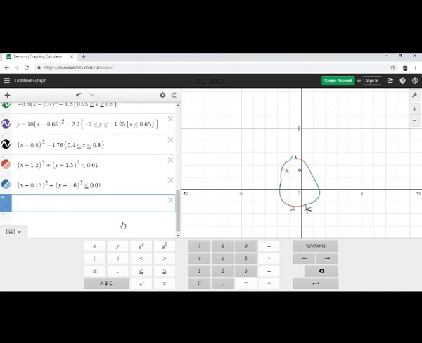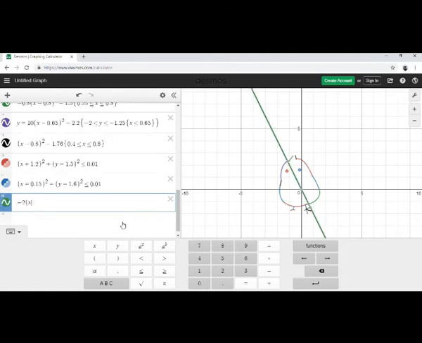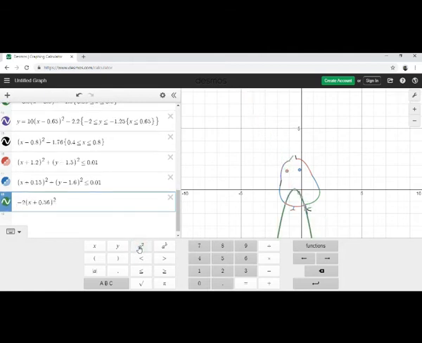Next is −2 times (x + 0.56)² + 1.5, and −0.93 ≤ x ≤ −0.4.